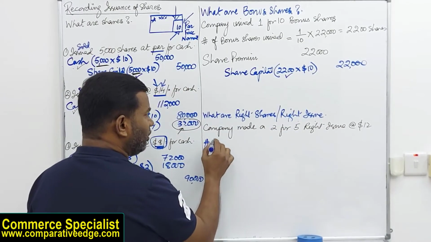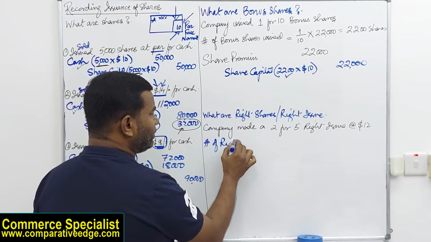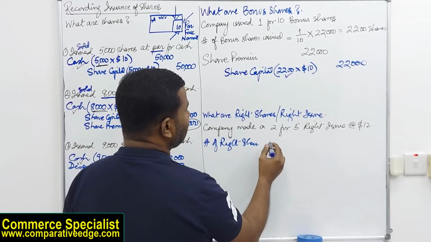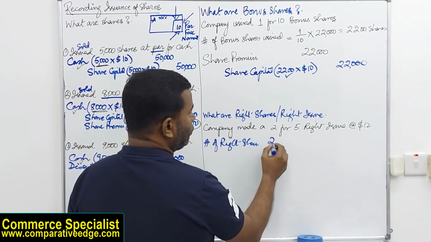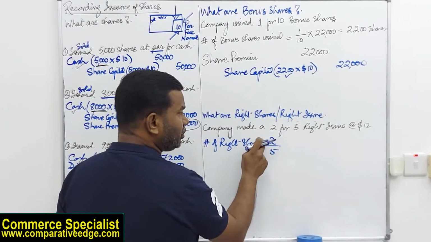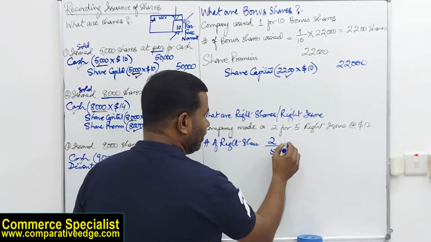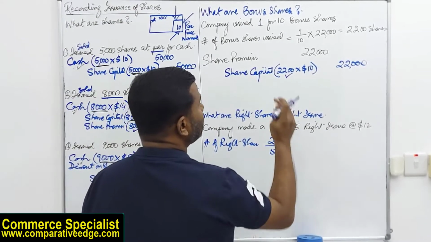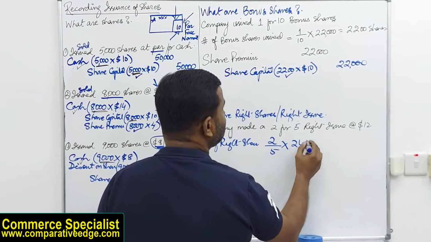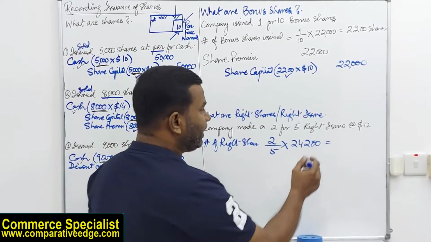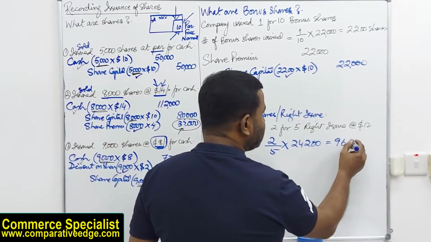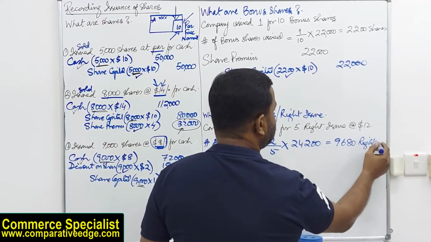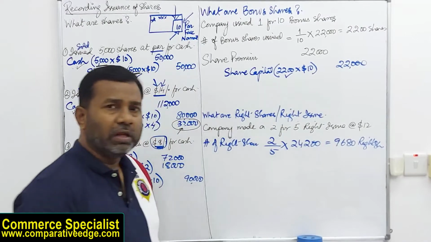So the number of rights shares the company is issuing is basically 2 upon 5, meaning 2 new shares for every 5 shares, multiplied by the shares already held, 24,200. So it gives us 9,680 rights shares.